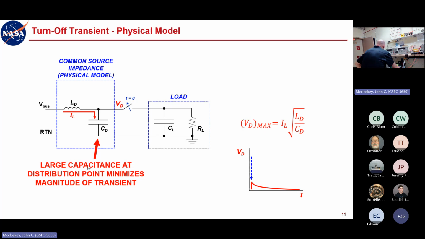So a large capacitance at the distribution point will minimize the magnitude of the transient that you can achieve in a given power distribution scheme.